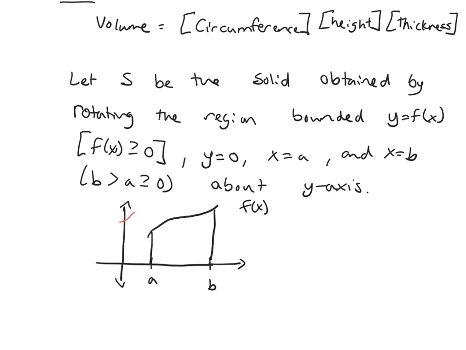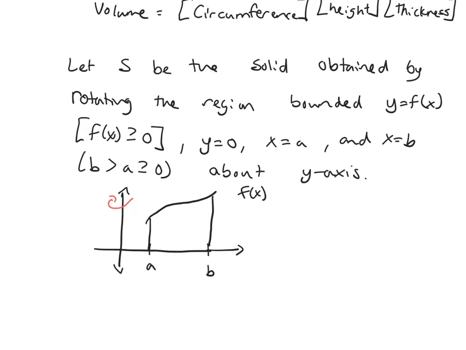I want to rotate around the y-axis. Now, the way we did volume before is we would take our strips perpendicular. We took them horizontal, like we did at the very beginning. Now you're going to take them parallel. You're going to take them vertical. So my strips now are going to be up and down.